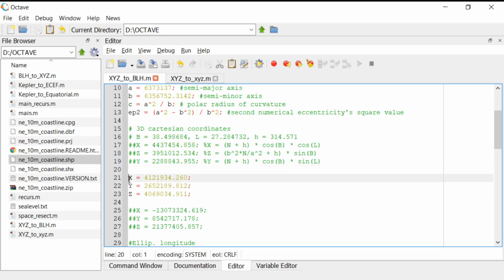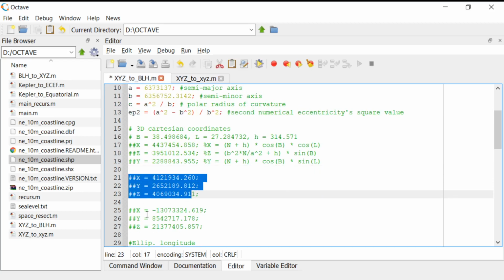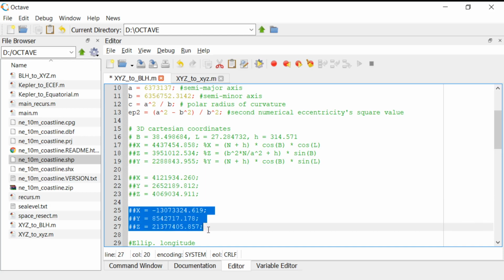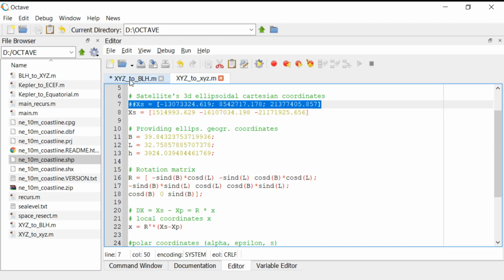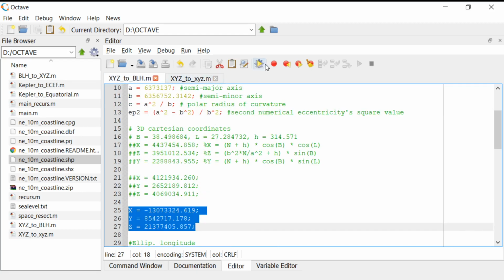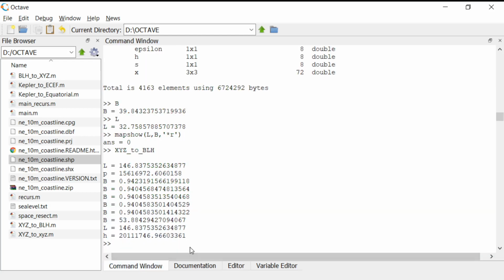I have already registered here my satellite position for the first satellite. These values refer to the values given here. Let's run, and you will see B and L given here.